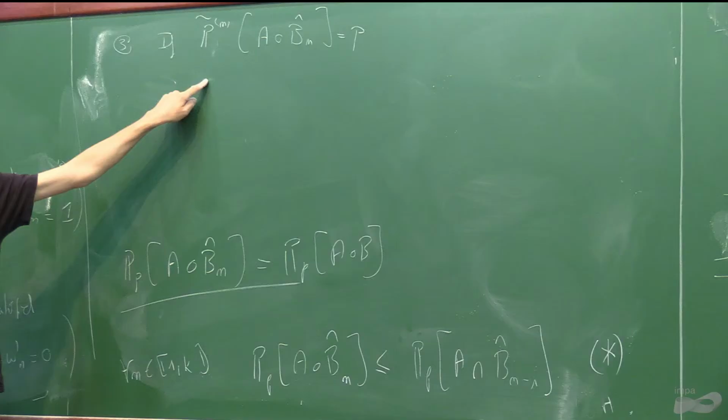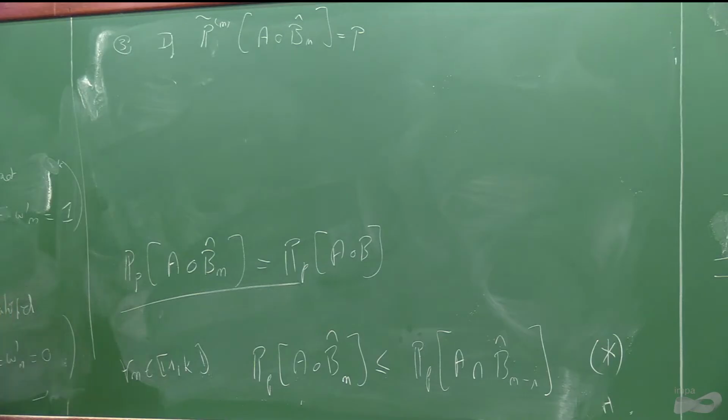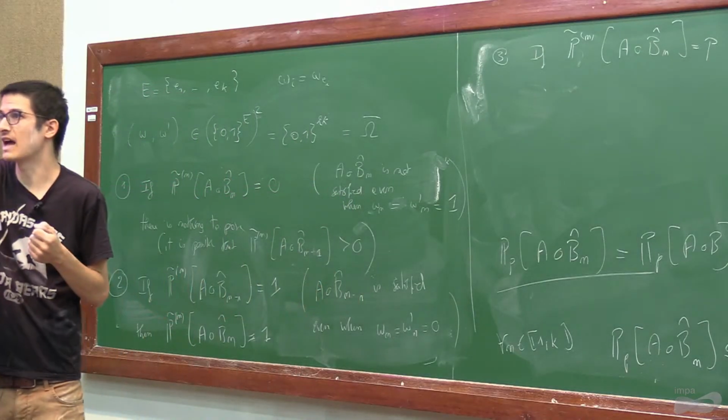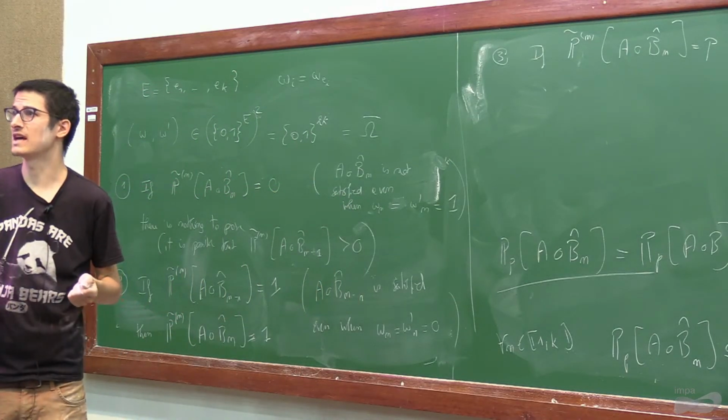It does not depend on omega n prime. Okay, and because it's increasing, the event has to be satisfied when omega n is equal to 1 and not satisfied when omega n is equal to 0.